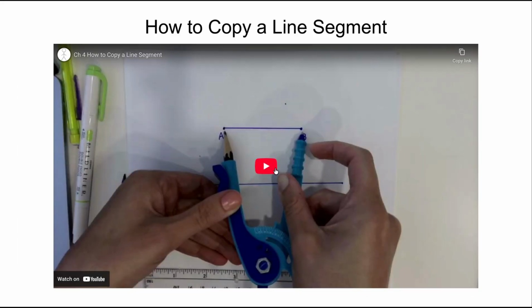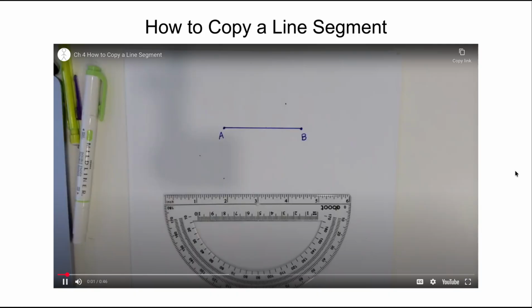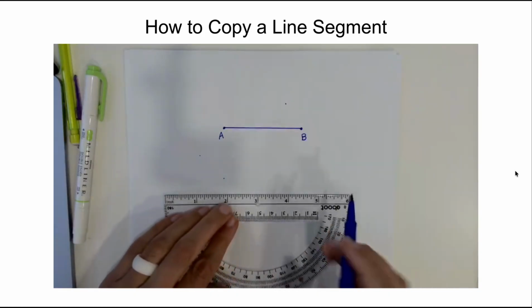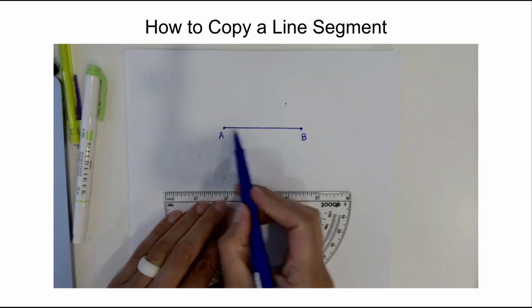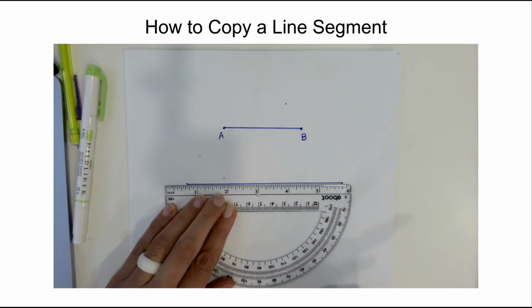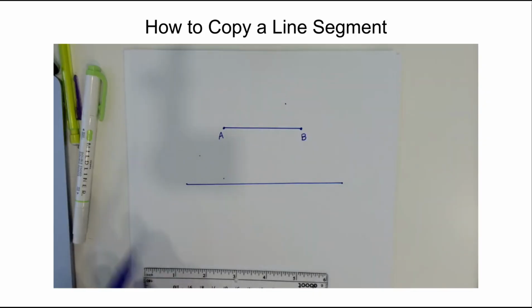Okay, how to copy a line segment. The first thing you need to do is start off by drawing a line that is longer than your current line segment. So I will just draw all the way out here to make sure that I am for sure past it.